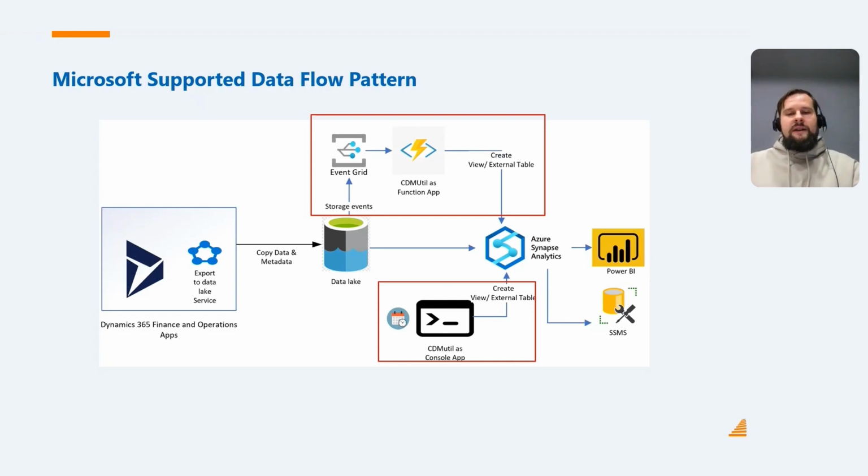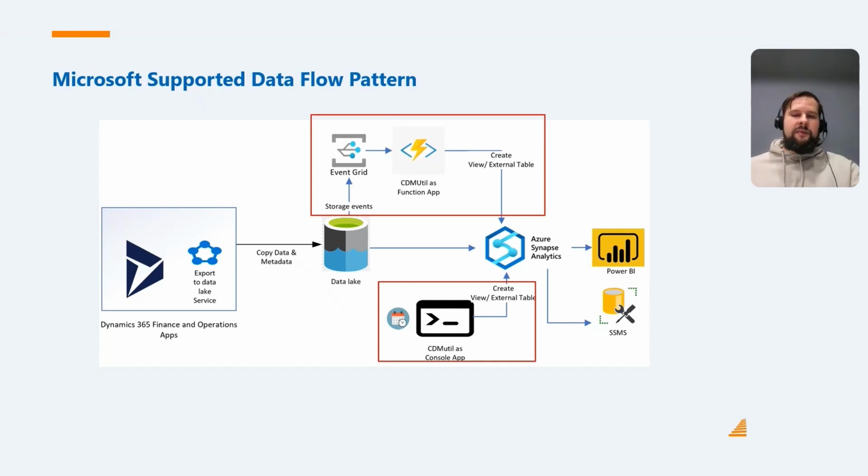The bottom one works the same way, except here you don't deploy it as a function app, because function apps still incur some costs, and it's an extra component. But the function app is good because it's automated, so you don't need to do anything. An event gets raised, everything gets updated, you get new SQL statements.